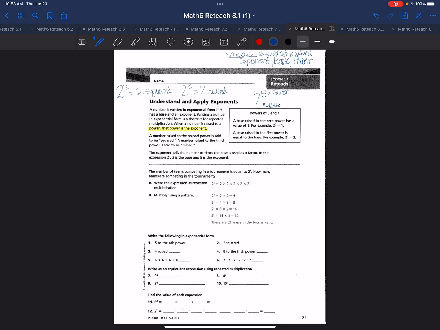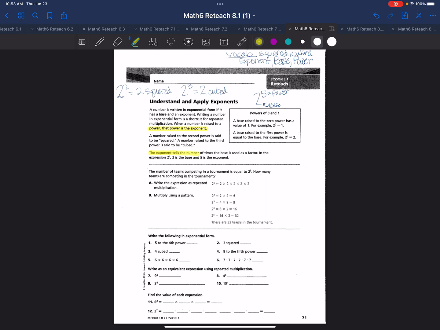The exponent tells the number of times that the base is used as a factor. So in the expression 2 to the 5th power, 2 is the base and the 5 is the exponent. The exponent tells you how many times the base is used as the factor.